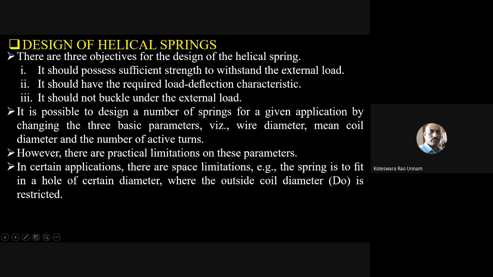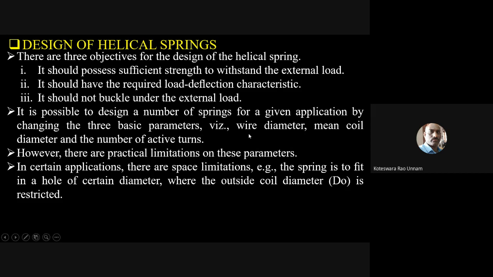If restriction is there on mean coil diameter, then for practical applications we have a spring index which ranges from 6 to 12. In all practical applications, when the load is a static load, there is a restriction on spring index. You cannot take any spring index value. You have to take only between 6 to 12.